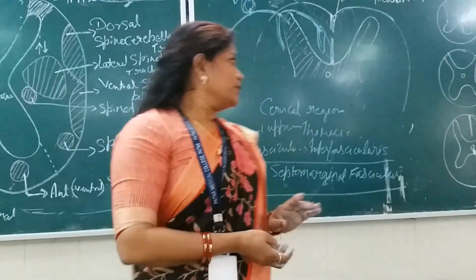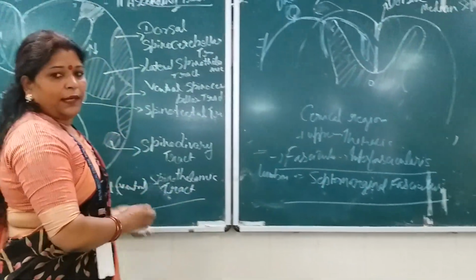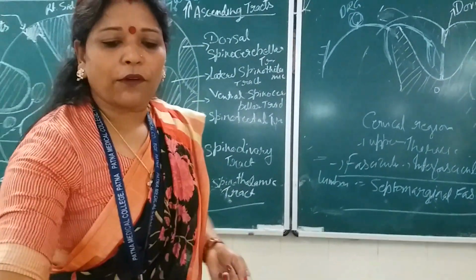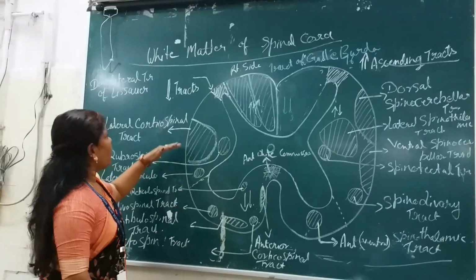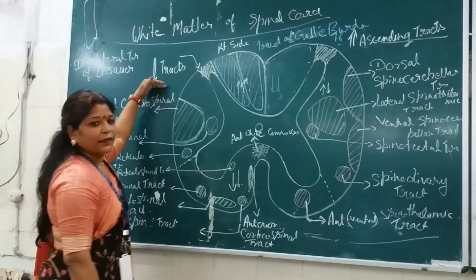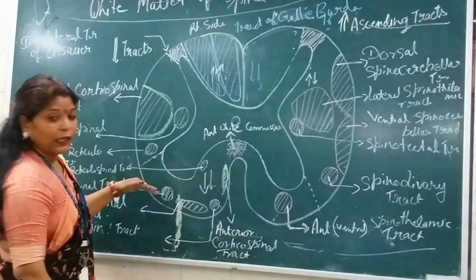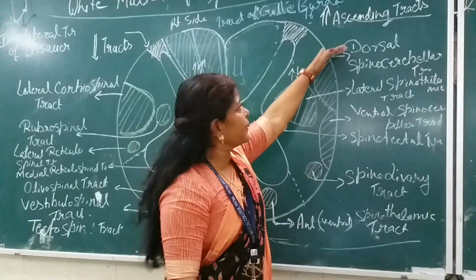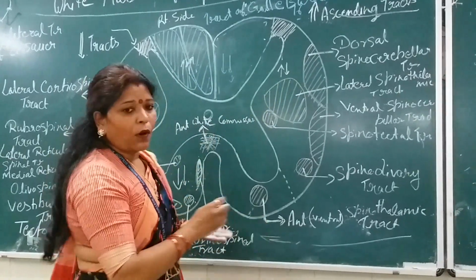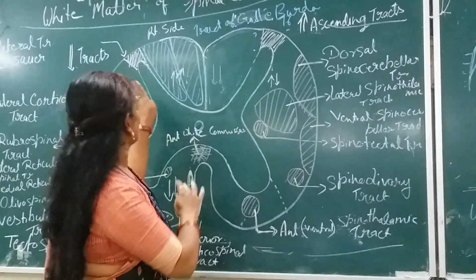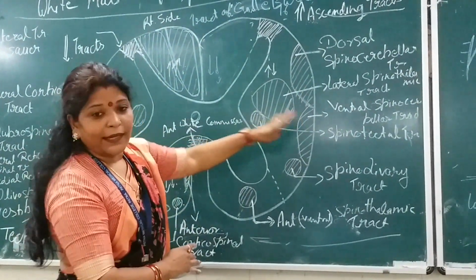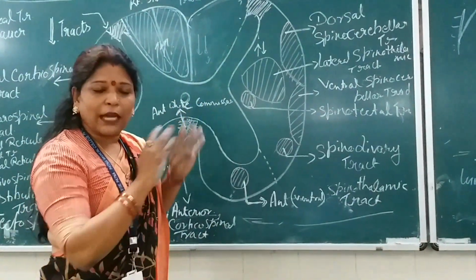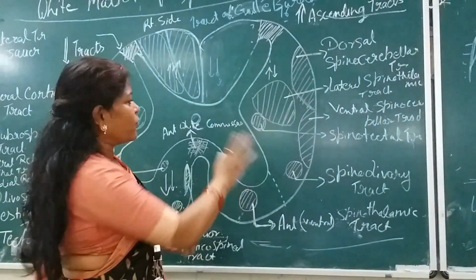Okay? Now come to the lateral funiculus of all the descending tracts. Here in the right side I have drawn the descending tracts and the left side I have drawn all the ascending tracts. Okay? So it is not that the left side is always ascending and the right side descending; for the convenience to remember, I have drawn like that.